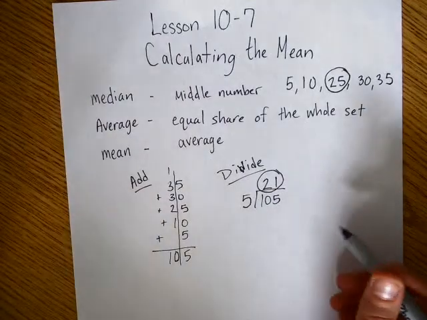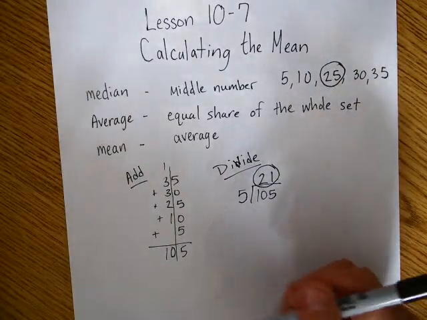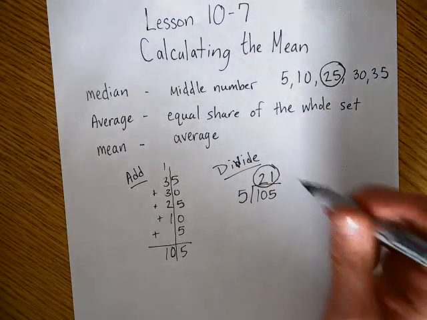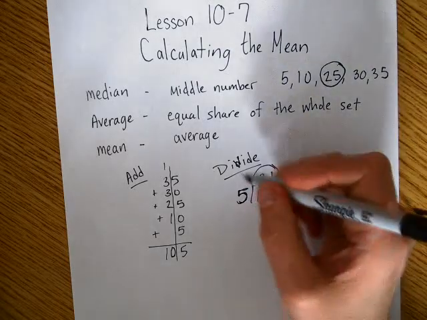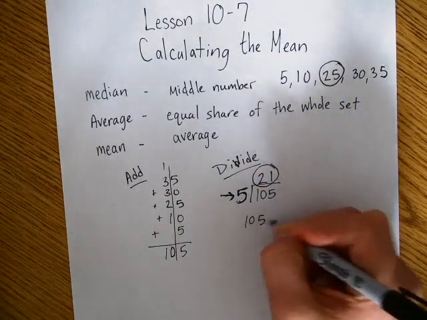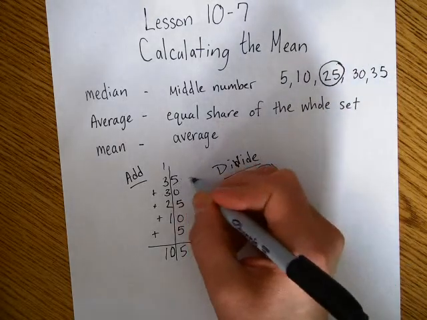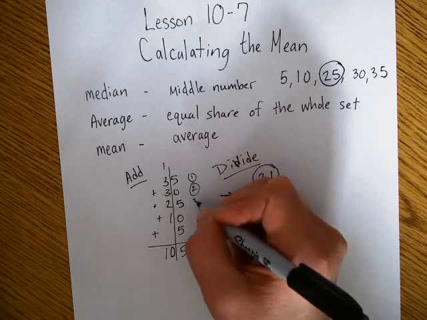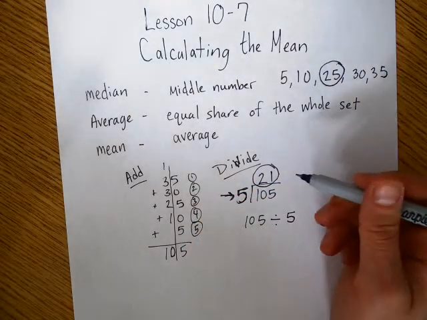If you don't have a graph, it might just be easier to add up all the numbers and then divide by the number of numbers that you added. This number that you divide by, 105 divided by 5, comes from how many numbers you actually added up, how many numbers there actually were in that data set.